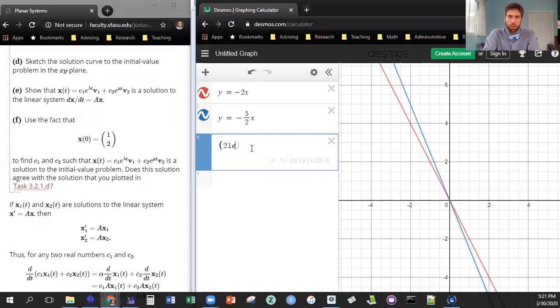So 21 times e to the 3t, then minus 9, 2 times 9, this is the top, 2 times 9, so 18, e to the negative 2t, comma, and then c1 is 21, so negative 42, e to the 3t, and then minus, and c2 is negative 9, so negative 5 times negative 9 is plus 45, e to the negative 2t, good.